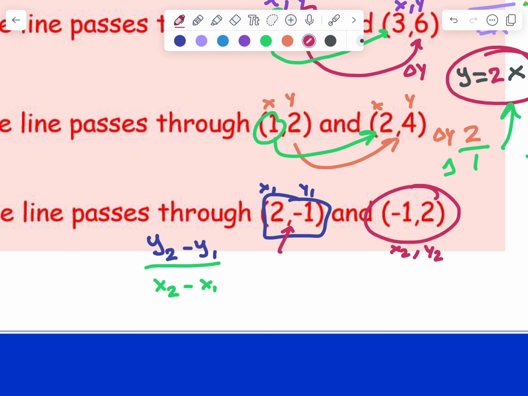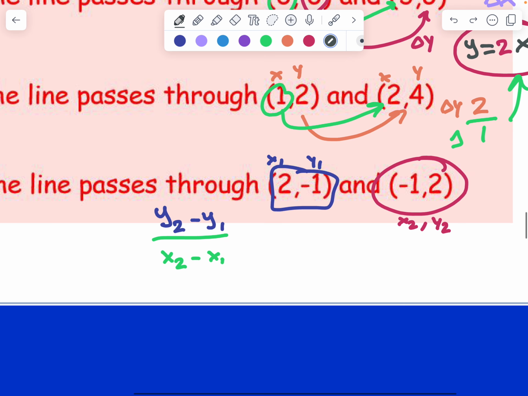You just have to be consistent, right? If I'm calling this point 2, it needs to be point 2. And those numbers need to come first. If I decide to call this one point 2, then those numbers have to come first. But I usually just go in the way that it's written. Just makes it a little bit easier for me. So I'm going to say y2 minus y1, 2 minus negative 1 is my change in y. x2 minus x1 is my change in x.